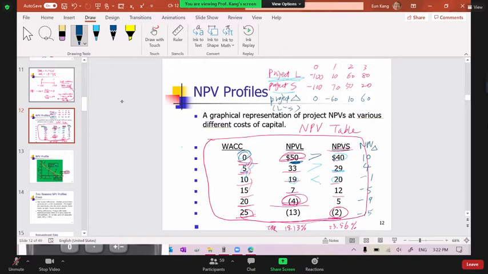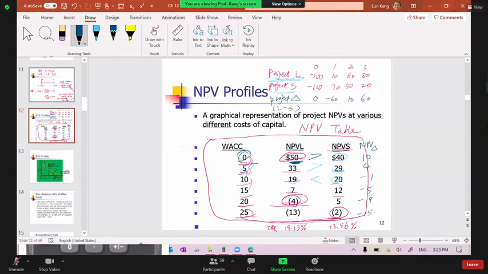So at other discount rates, NPV is either positive or negative. Then what? There is some discount rate that makes NPV of delta 0, right? That is actually the definition of IRR of project delta, right?